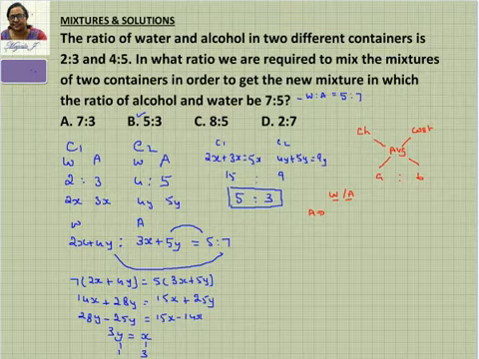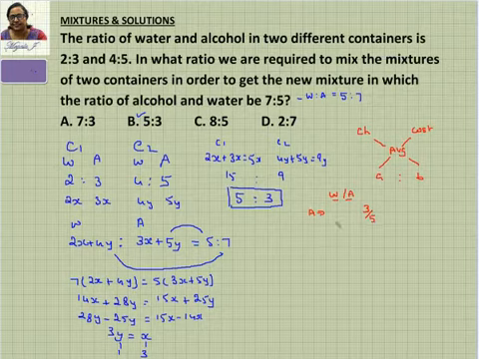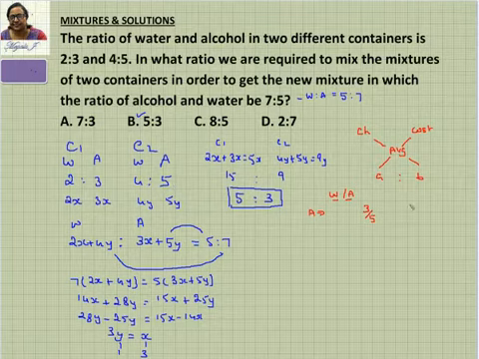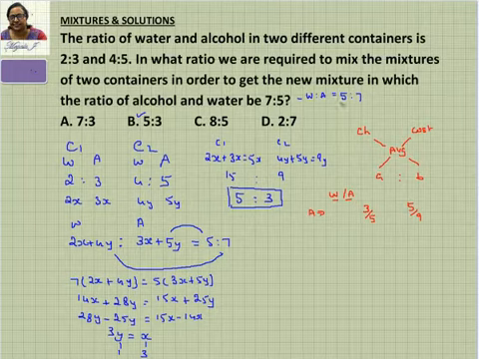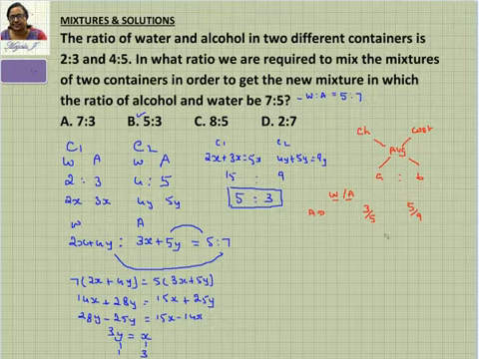So that proportion is what I have to write here. So 3 out of 5, alcohol in the first one. In the second one, the alcohol is nothing but 5 out of 9 parts. So you can write 5 out of 9. And now the mixture, the average or the final resultant, is nothing but 7 out of 12 parts. So that you have to write here.